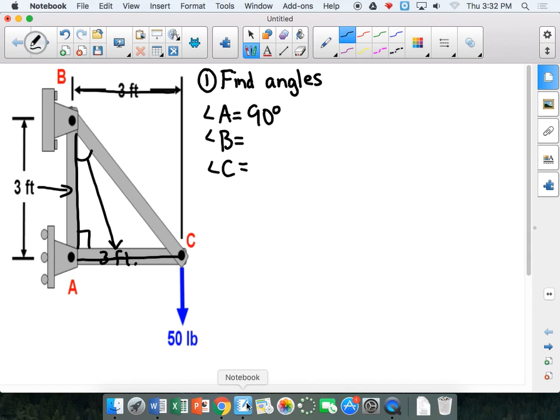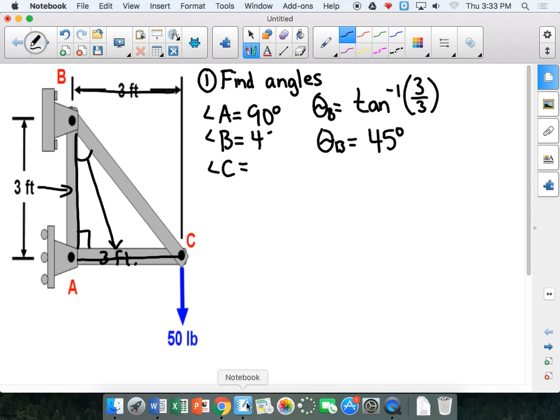So I can use my trig function tangent to find the measure of angle B. So inverse tangent of 3 over 3 is 45 degrees. So angle B is 45 degrees.